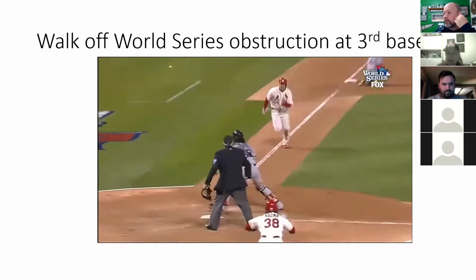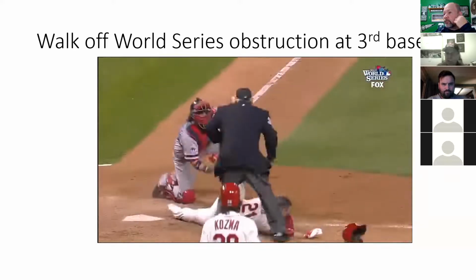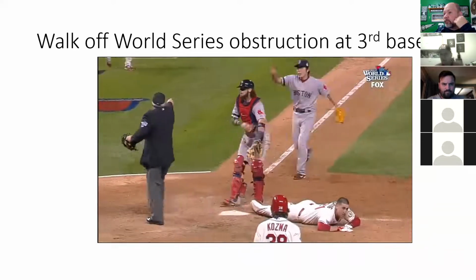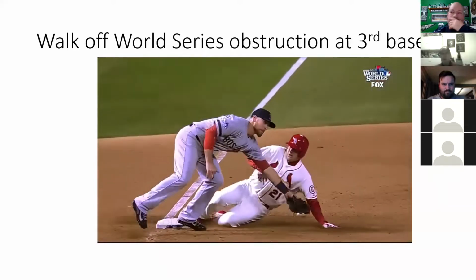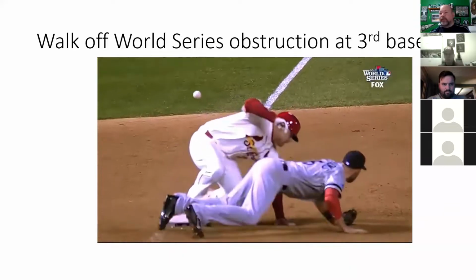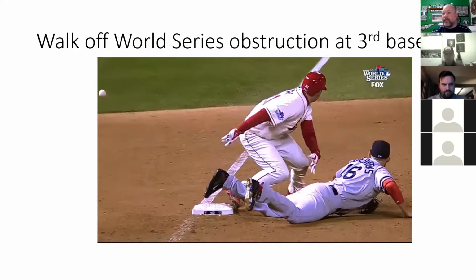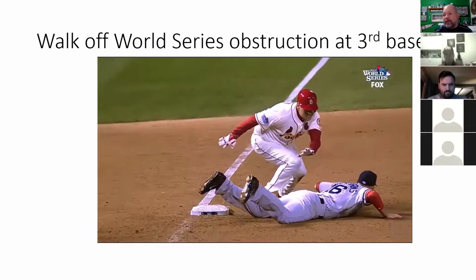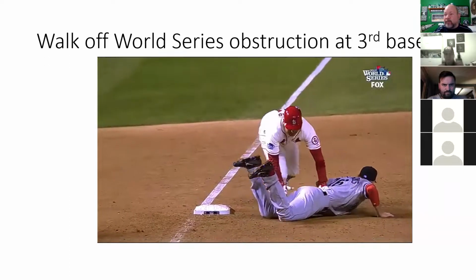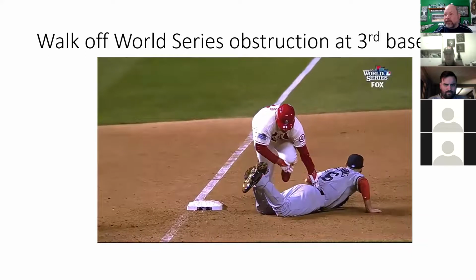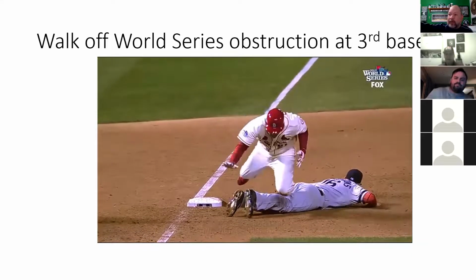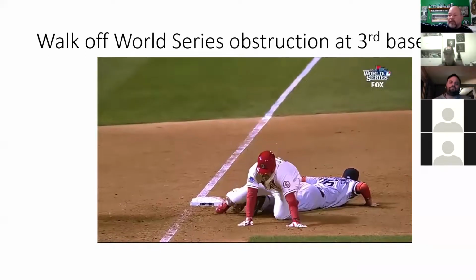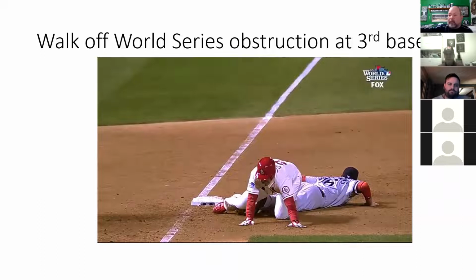Would I have had obstruction? And by our rule, I would say yes, you do, because he made contact without possession of the ball. Because the fielder is not in the running lane. Well, maybe the end of his legs were, but most of his body was outside the running lane. So you can see where the guy is way off in fair territory, trying to run home.